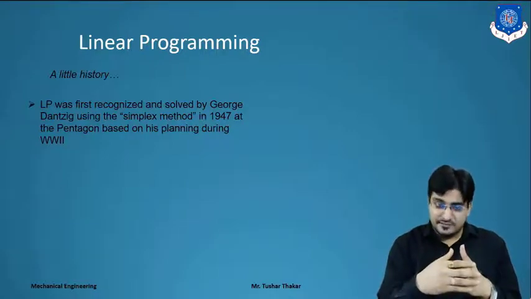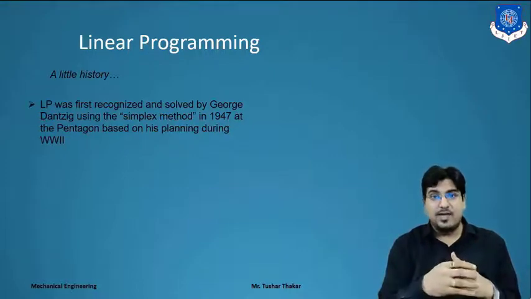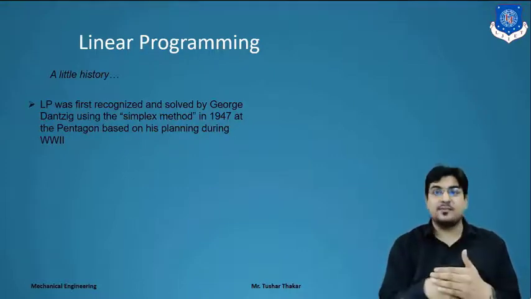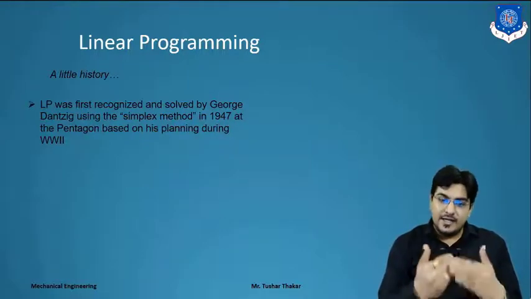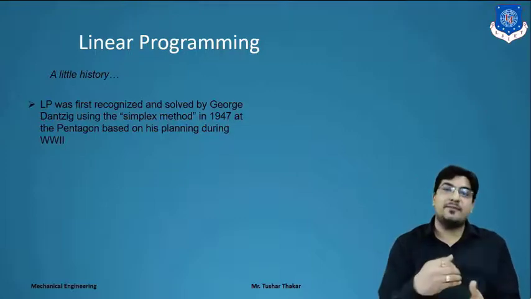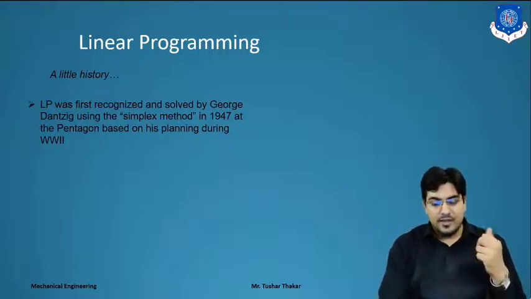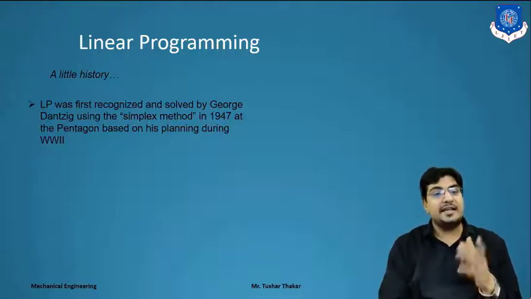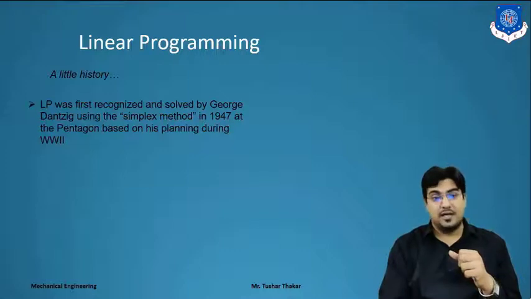We learn in the different phases of operation research: first we formulate the problem, but for solving that formulated problem we have to apply a method. For linear programming we apply two methods, the simplex method and the graphical method. The simplex method was invented by George Dantzig in 1947. The Pentagon based its planning on it during World War II.